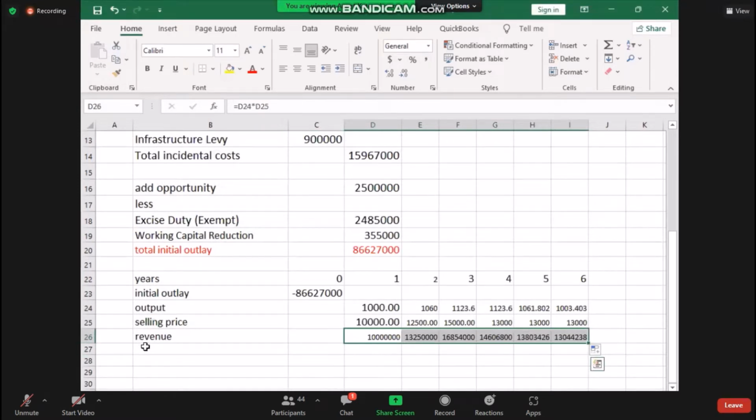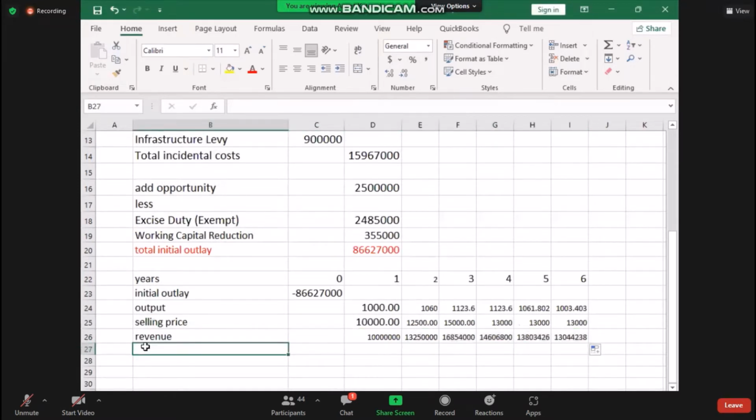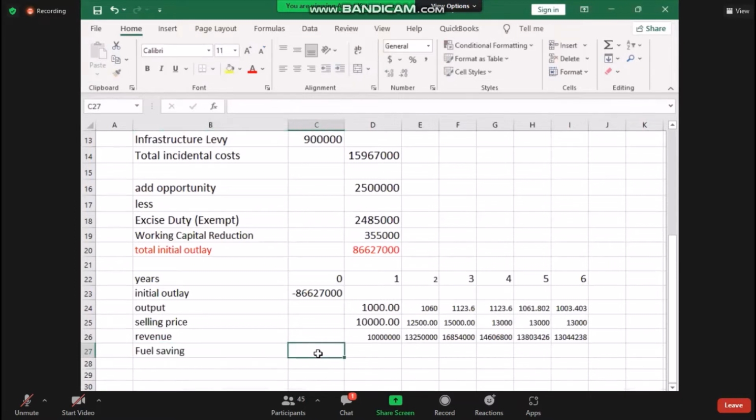So here you're going to have your fuel saving, and they are telling us that it is 3.9% of the fuel cost.